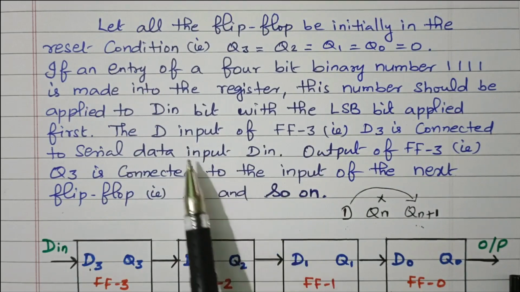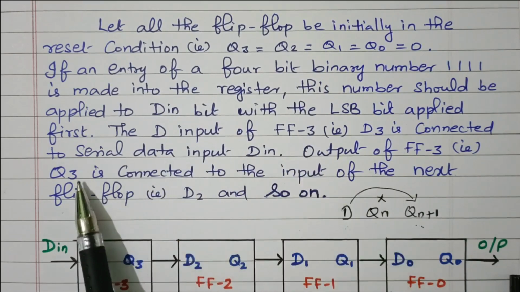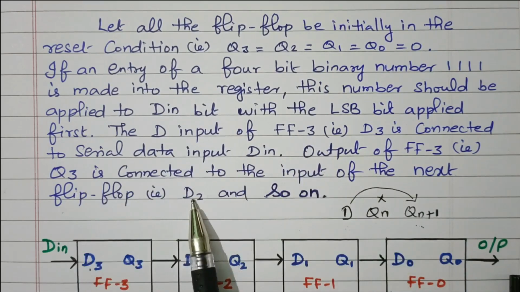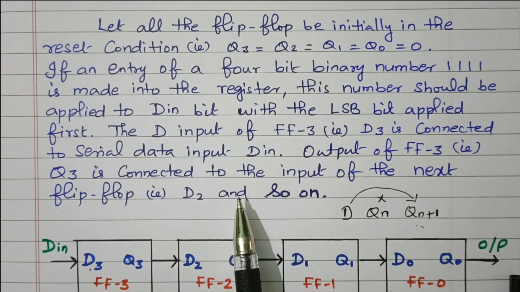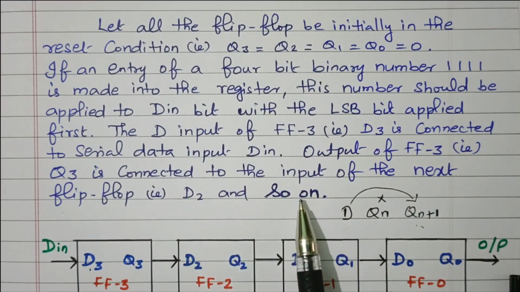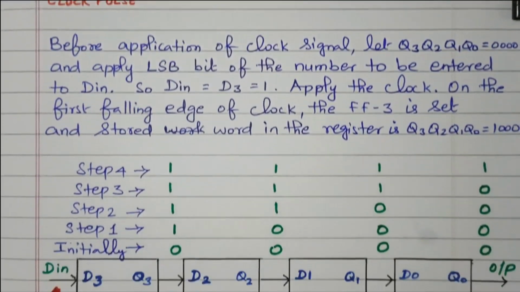The data input is given to the first flip-flop. The output of the first flip-flop is applied to the second, then the third, the fourth, like that. That is the order. Now we'll see what happens if the data is given to the flip-flops.